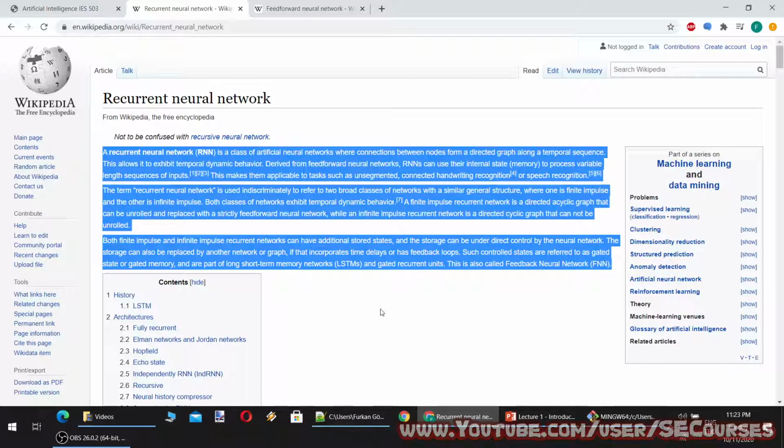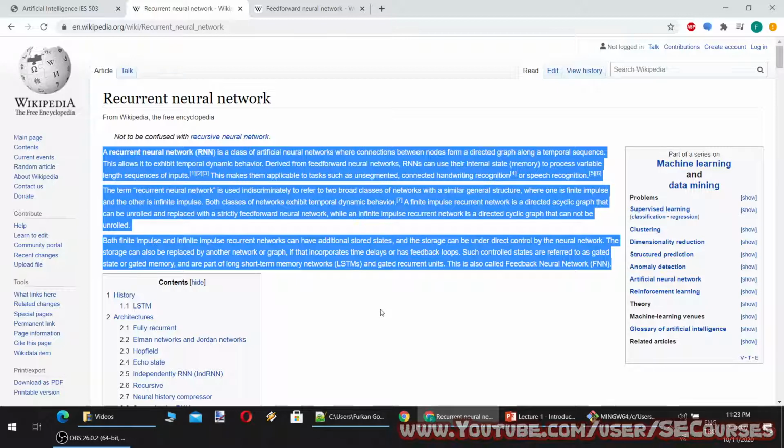A recurrent neural network, RNN, is a class of artificial neural networks where connections between nodes form a directed graph along a temporal sequence. This allows it to exhibit temporal dynamic behavior. Derived from feed-forward neural networks, RNNs can use their internal state memory to process variable length sequences of inputs.